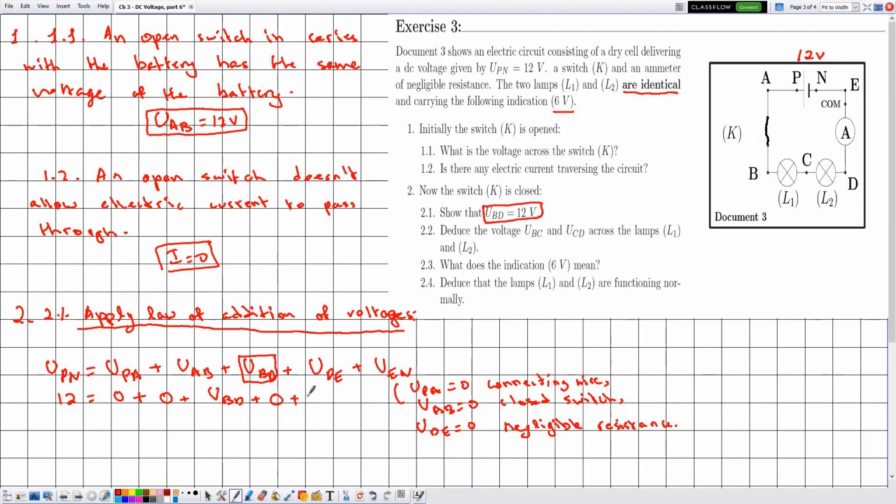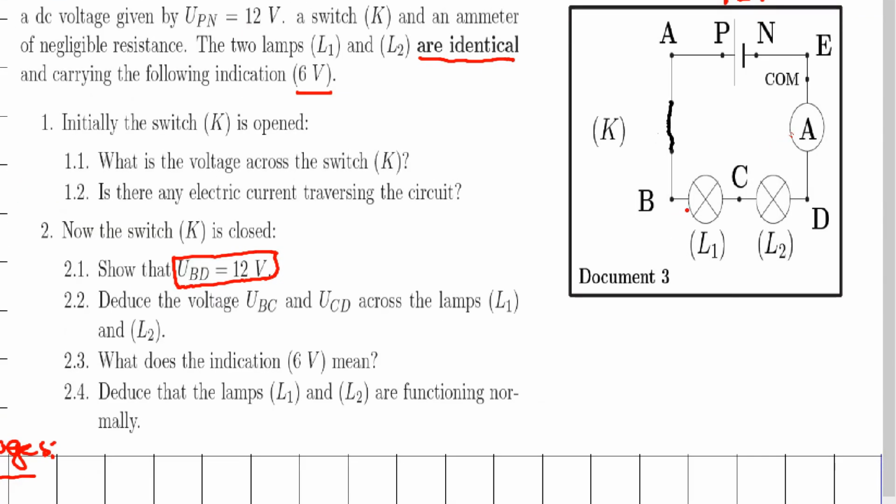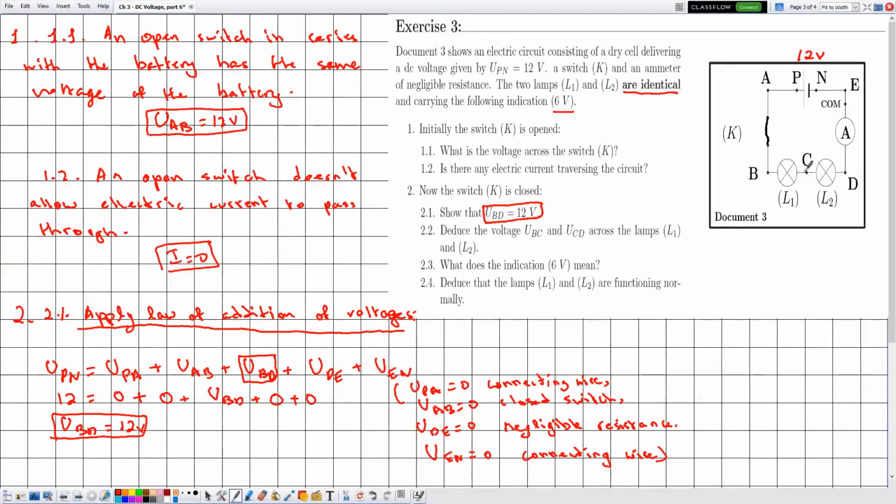And UEN is equal to 0, and the reason is given by connecting wire. And this gives us that UBD is equal to 12 volts. So the voltage UBD across the lamps L1 and L2 is 12 volts.